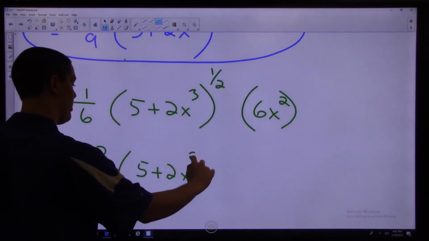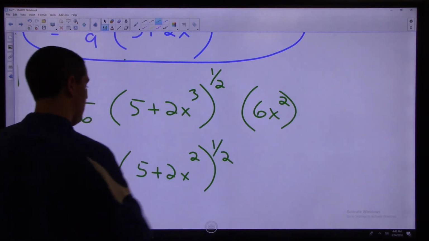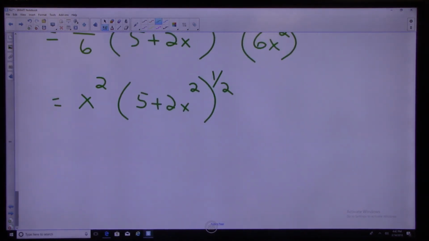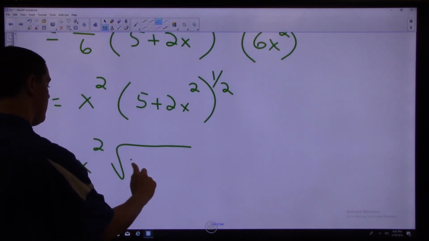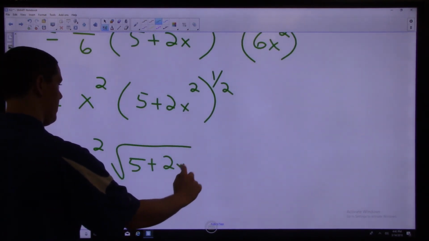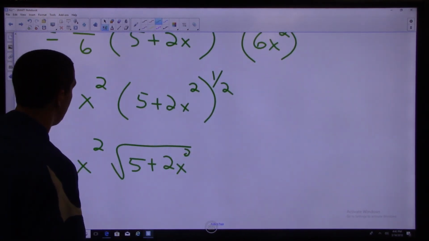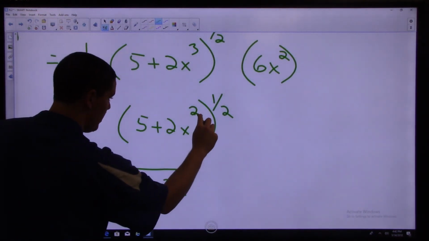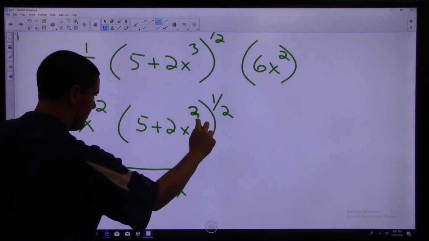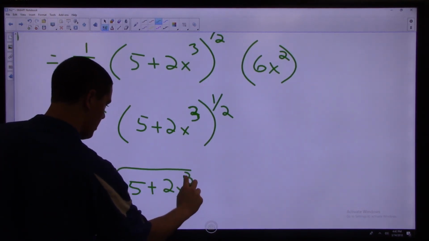Is this starting to look familiar? It should. What's anything to the 1/2 power? How can I write that as a radical? You got it, square root. And I messed up, come on. This is cubed, this should be cubed, and this should be cubed.